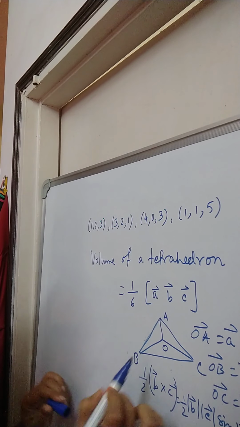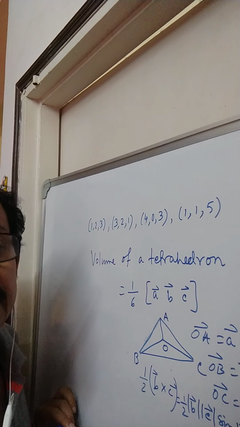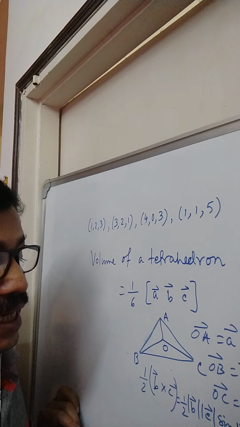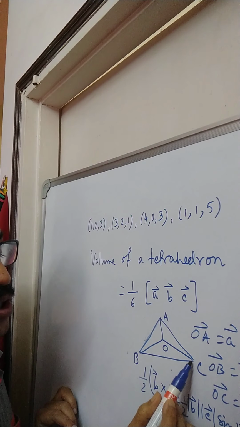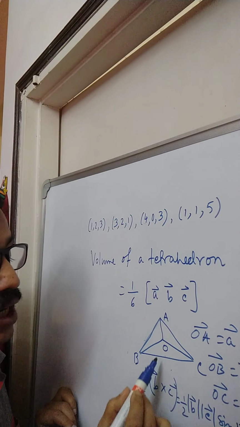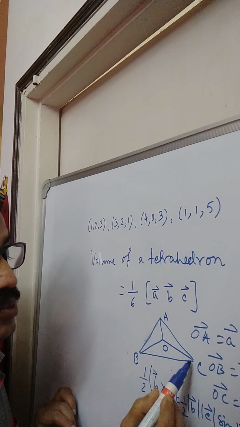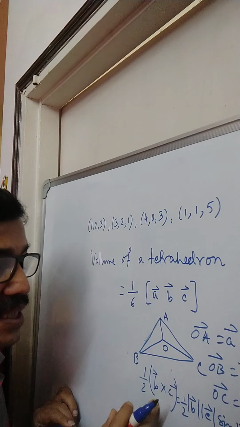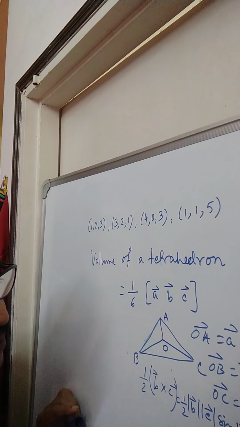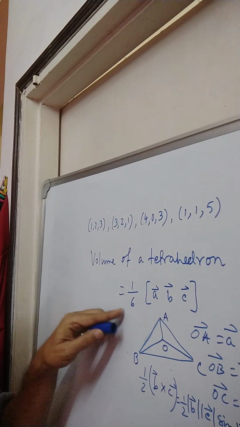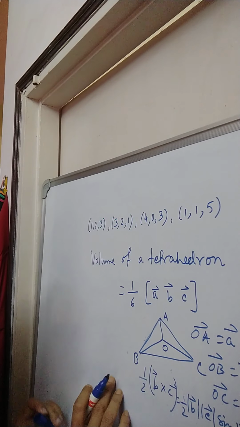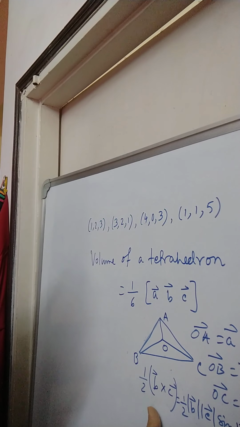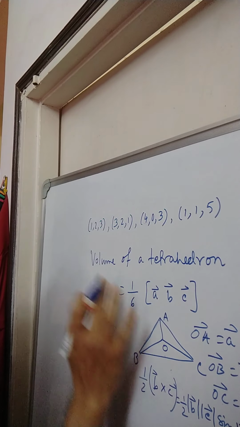Just see that this angle is theta, angle between B and C, and this is C. So, C sin theta will be the perpendicular from this point upon this base, and this is the base. So, half base into height is the area of the triangle. Now, why this 1/6? Because 1/3 of A dot this is the volume of the tetrahedron.